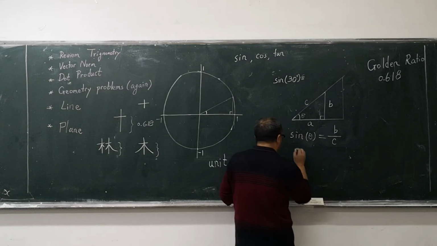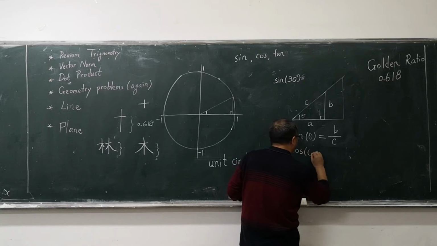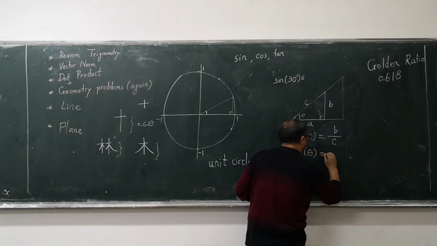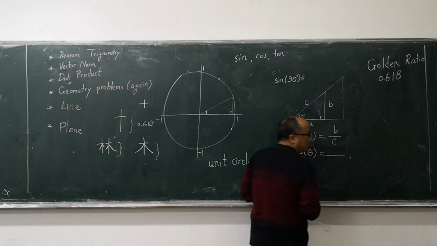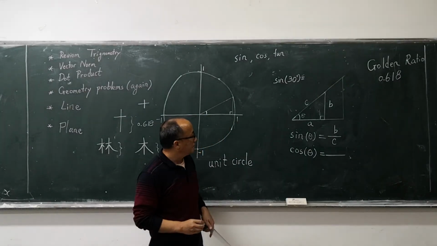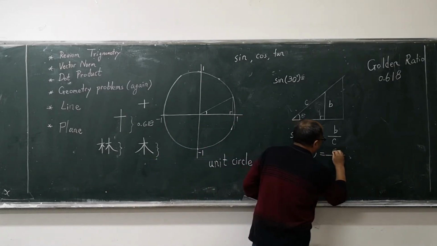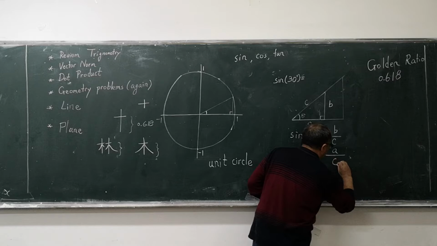Cosine, which ratio? B by A? Every C. It is A over C, okay?